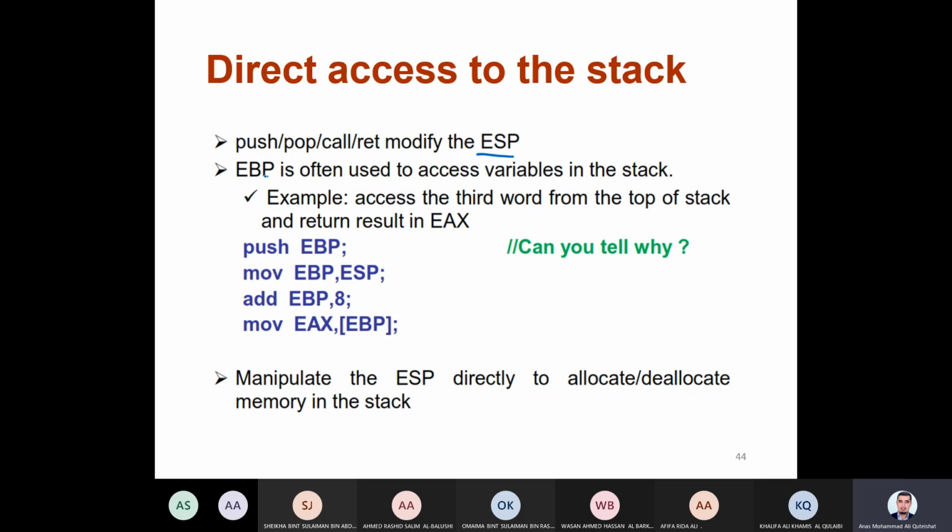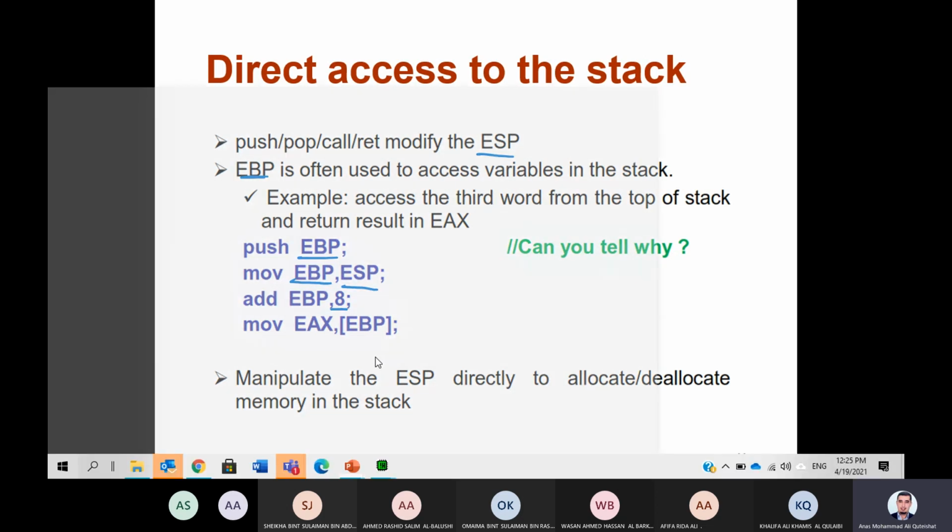The base pointer is often used to access variables in the stack. For example, to access the third word on top of the stack, we move the stack pointer into the base pointer, we add 8 to the base pointer, and then we move whatever is over there.